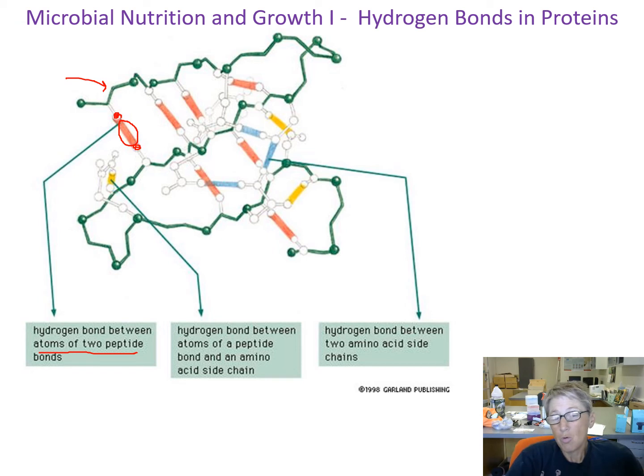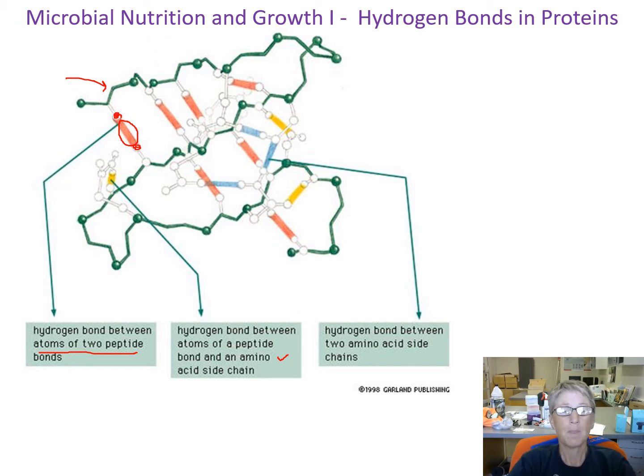In your protein, you could form a hydrogen bond between the atoms of a peptide bond and an amino acid side chain. And we saw all those different amino acid side chains. You could also form a hydrogen bond between 2 amino acid side chains. I should tell you, the side chains are also called R groups. In the previous slide, we were calling the side chains R groups.